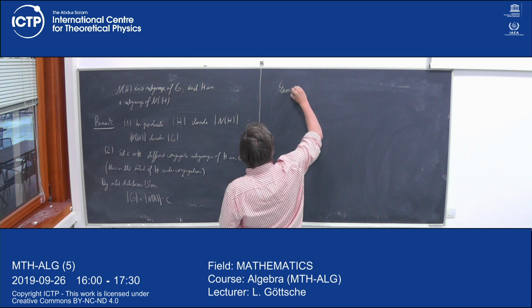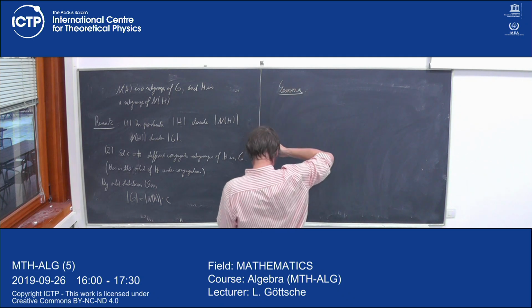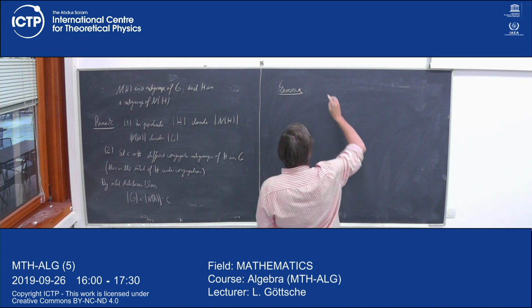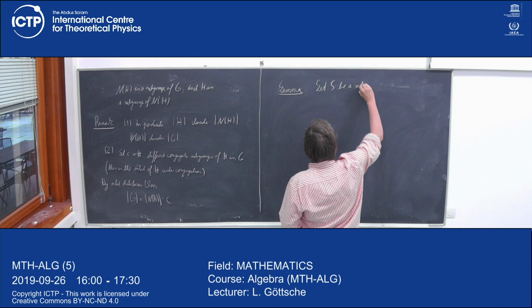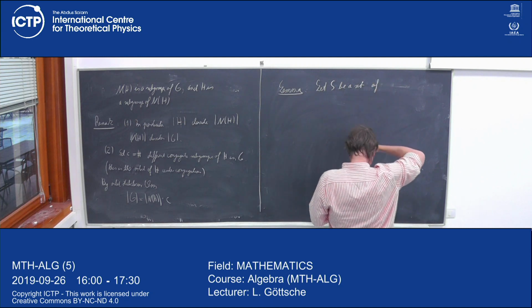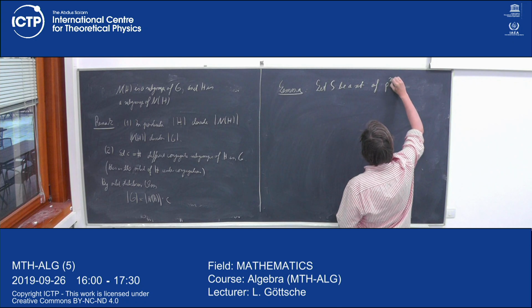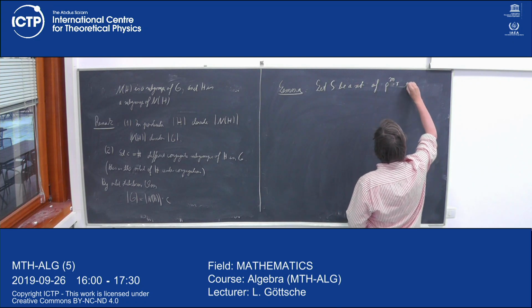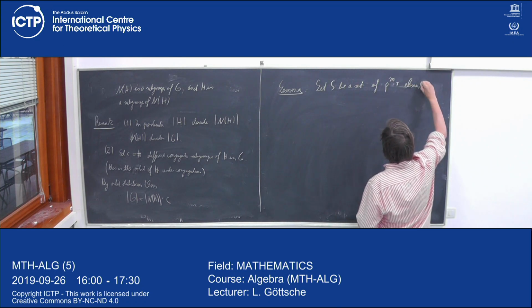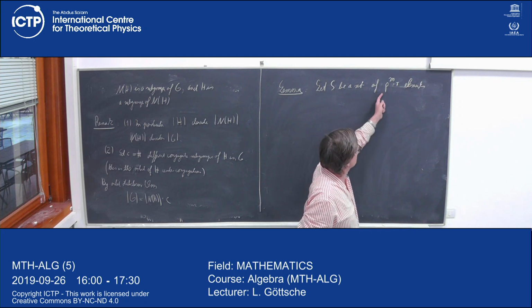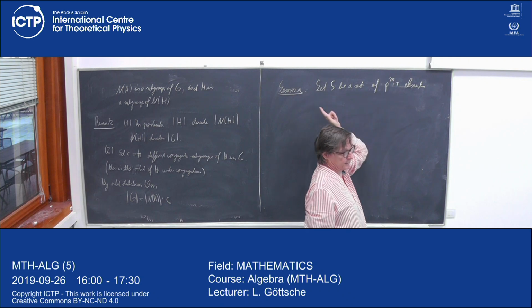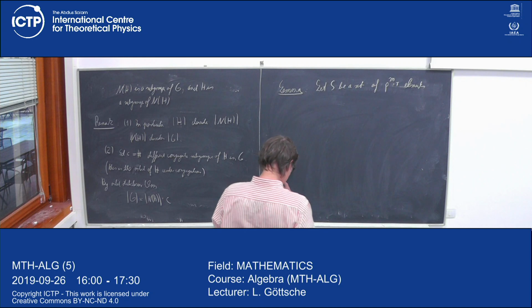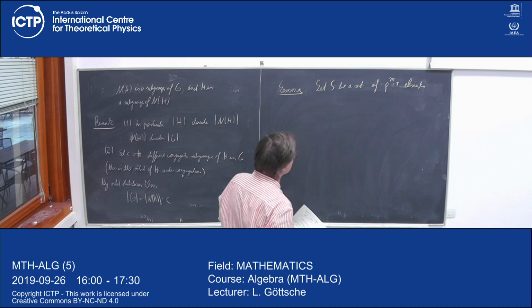Let S be a set of p to the m times r elements, where as before p is a prime number and r is such that p does not divide r, the same assumption as before. So one could think of S as our group G.